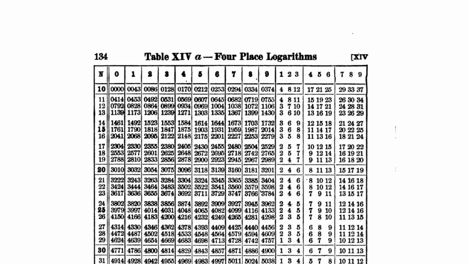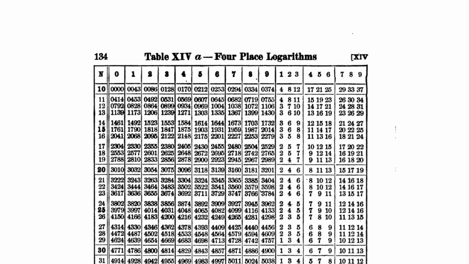It turns out we look down, we look down, we look down. It seems to me that 0.3010 corresponds to the subtraction problem I just did. So this represents the logarithm. Now we read across to that column, and that tells me that the natural number is 2. And that basically is how we do that problem.